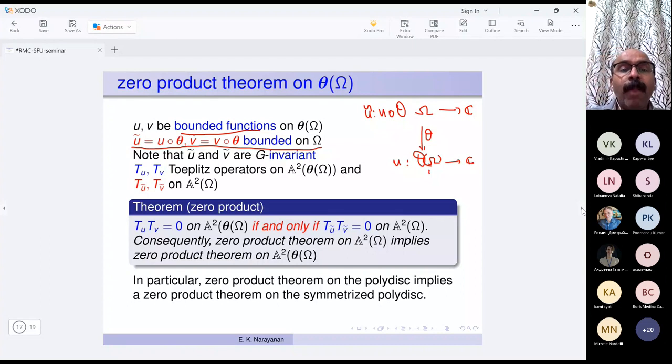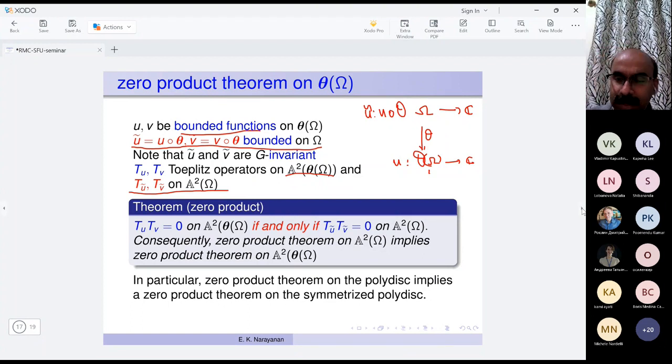Now, since they are all bounded functions, you can define Toeplitz operators on both the spaces, right? So you have Tu and Tv as Toeplitz operators on the Bergman space over the quotient domain. You pull back u and v, and you get Toeplitz operators on A2 of omega, the Bergman space over the original domain.